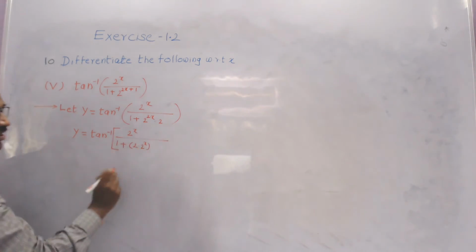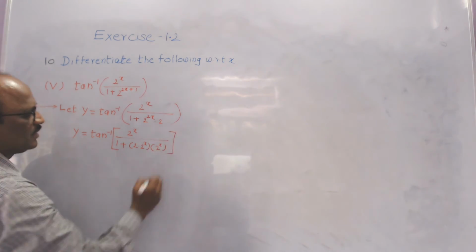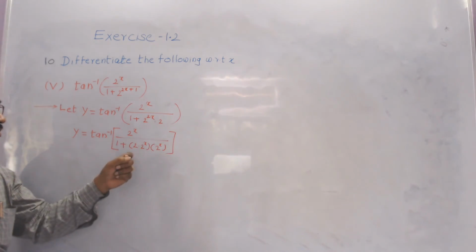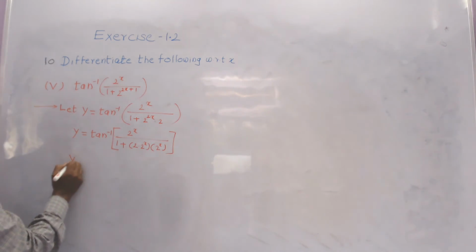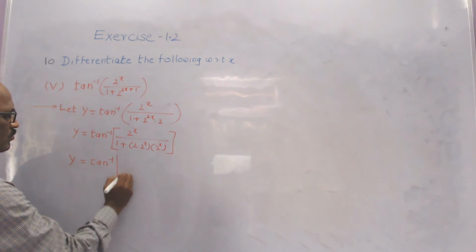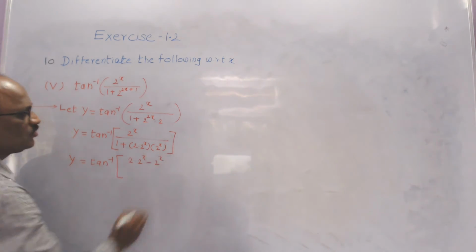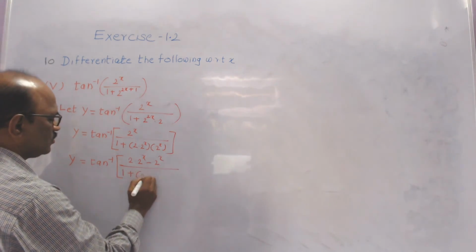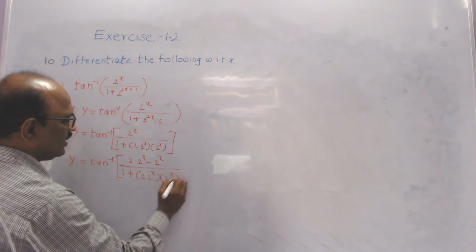Now what are the two numbers whose sum is 2 raised to x and the product is 2 into 2 raised to x into 2 raised to x, that is we can write here tan inverse of 2 into 2 raised to x minus 2 raised to x upon 1 plus 2 into 2 raised to x into 2 raised to x.